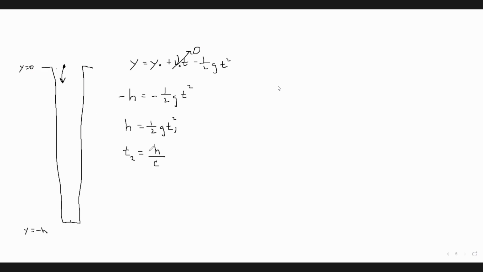So this makes sense, doesn't it? If sound travels with c meters per second, then we multiply that by the time, and that tells us the depth of the well. Okay, but we don't know T1 or T2 individually, do we?